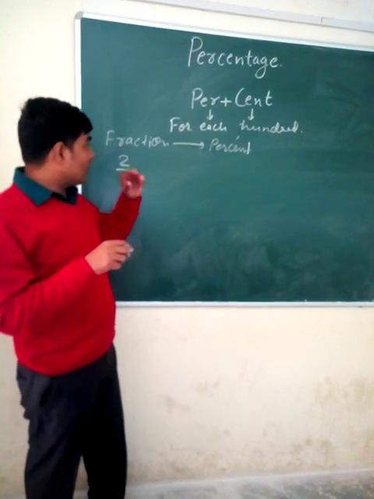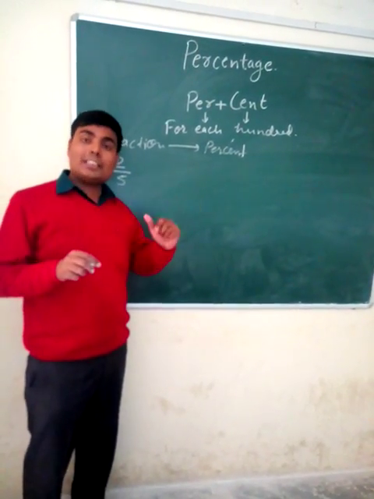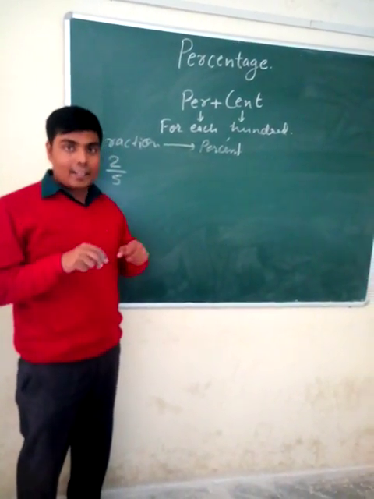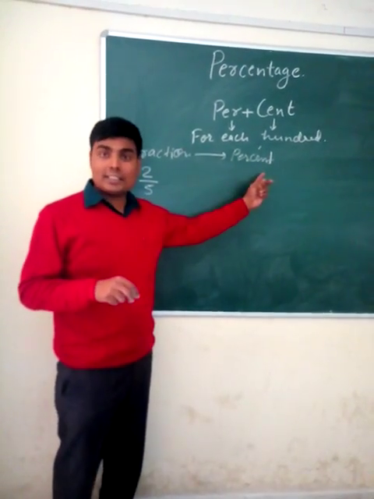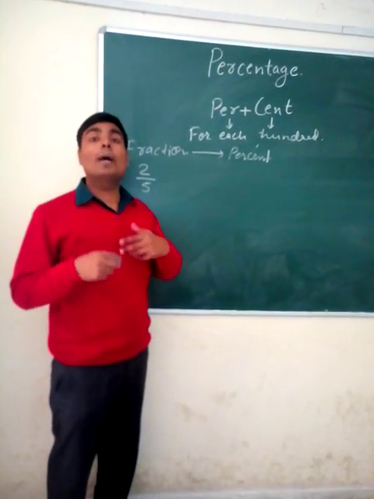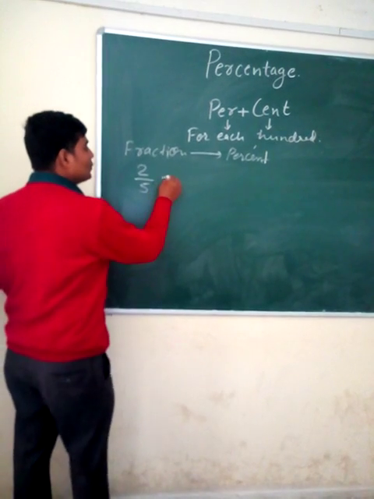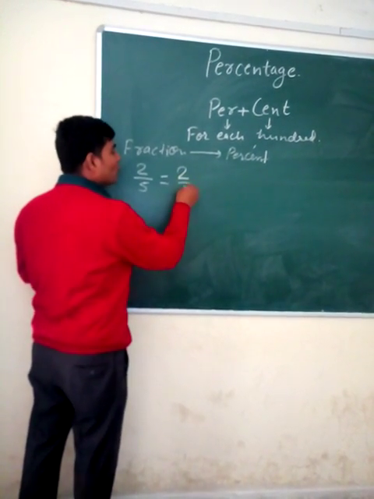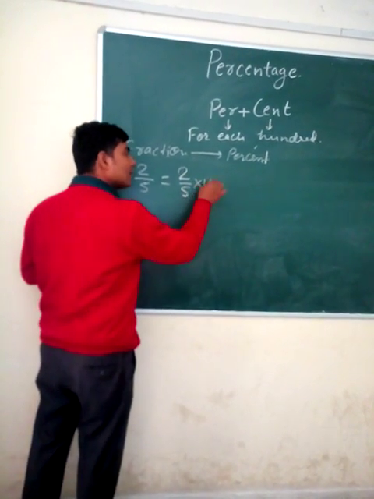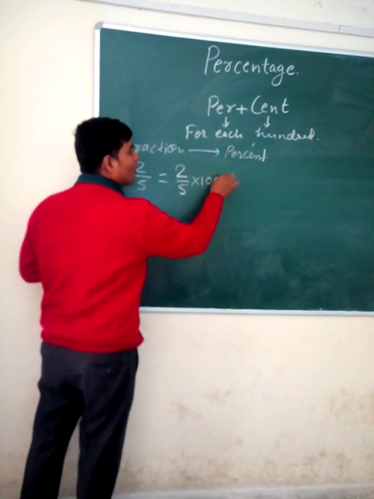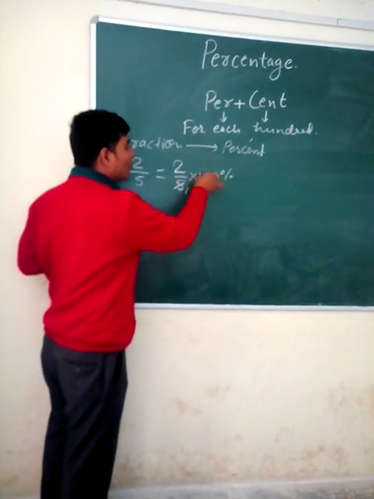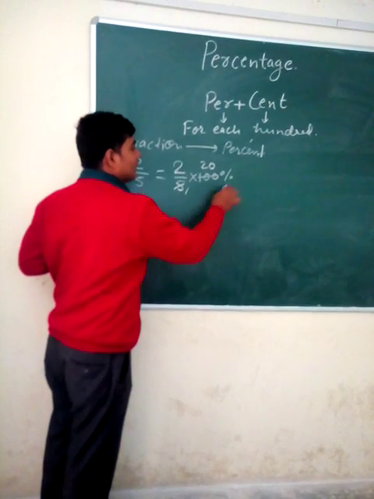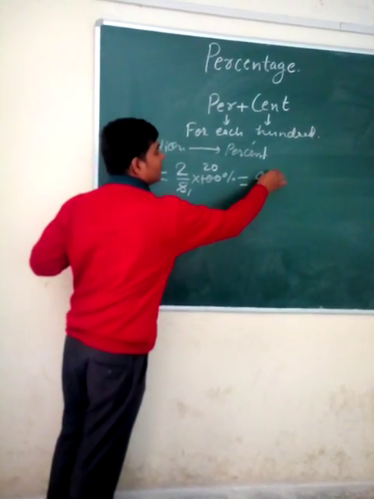In conversion of percent into fraction, you just divide by 100, and here in the reverse process, fraction into percent, you have to multiply by 100. So you can write down 2 by 5 into 100 and put the symbol of percent. And 5 1s are 5, 5 2s are 10, and that will be 40%.